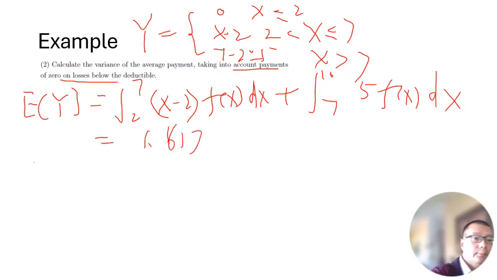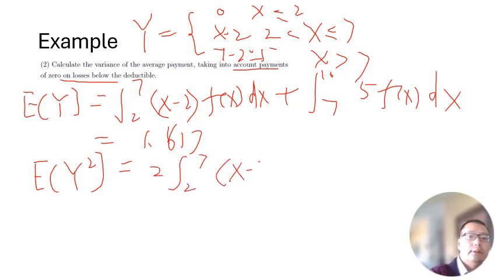1.617. Similarly, EY squared, you will calculate that to be the integral of 2x minus 2 times Sx. So this is the formula from previous lessons.